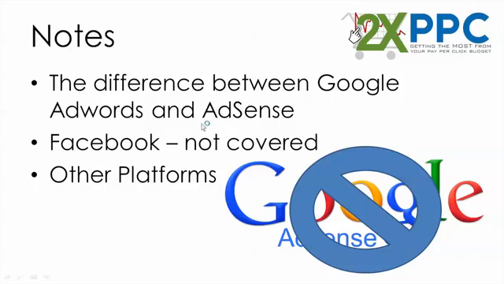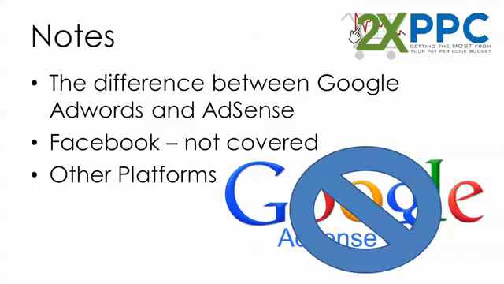Google AdSense is where you have a website or some kind of online property and you want to sell advertising space to vendors. So for example, I've got a Tampa tourism website called tampaflattractions.com. I use Google AdSense on there and I let them rotate ads through. Every time someone clicks on those, then I'm one of the ones that gets paid. Google AdWords, it's the other way around. We're focused on Google AdWords here.